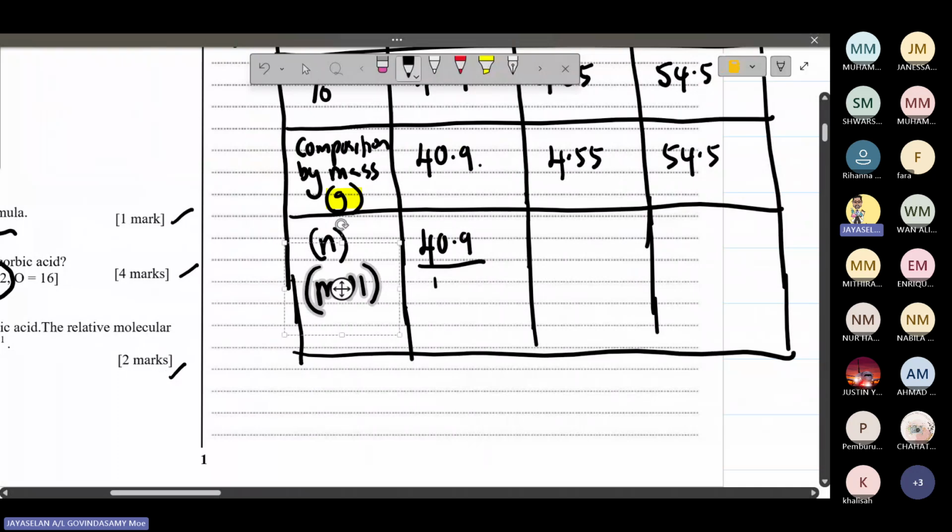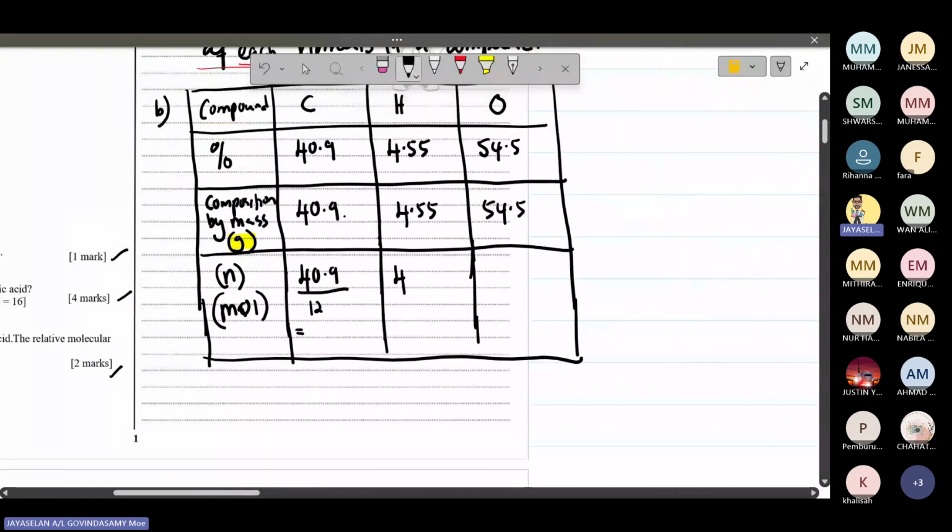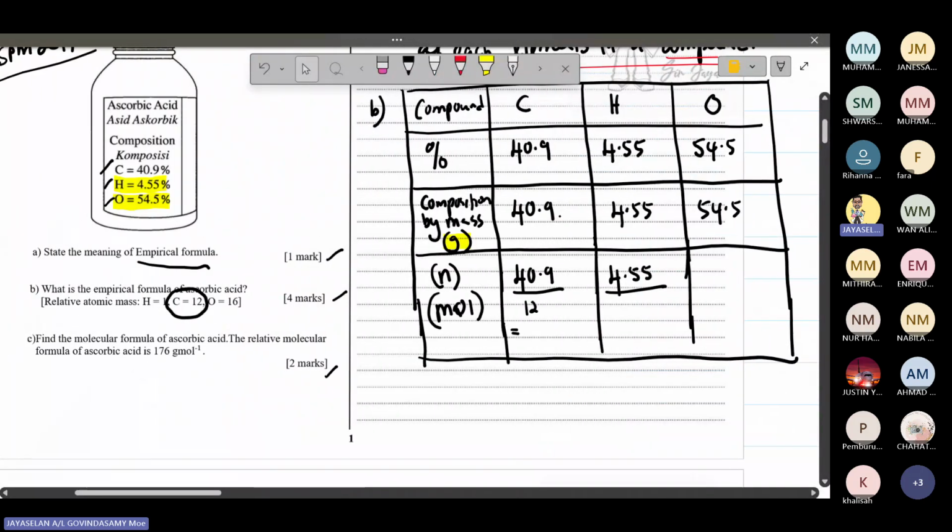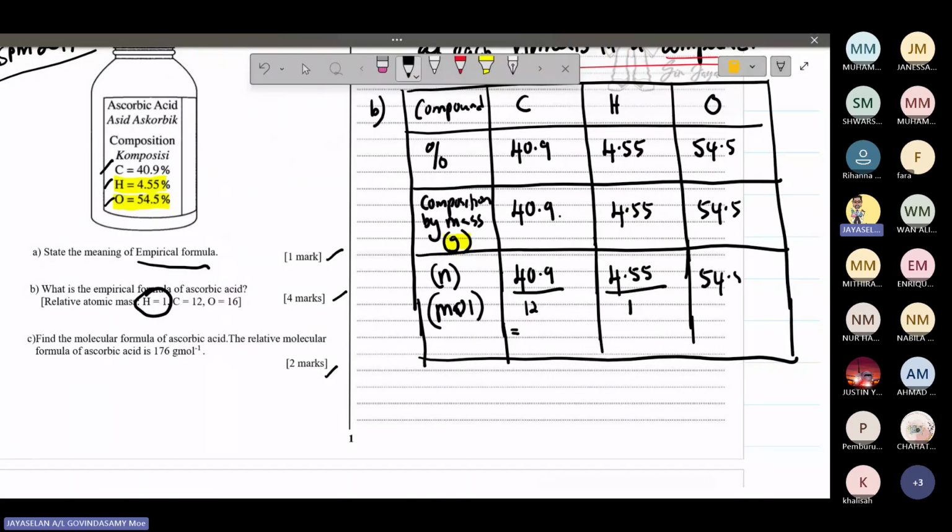So divide with 12. Then you take a calculator, find the answer. 4.55 divided by the molar mass, RAM, of hydrogen? Check here, 1. So divide with 1. 54.5 divided by the molar mass of oxygen, how much? 16, right? So you divide with 16. Find the answer on the calculator.